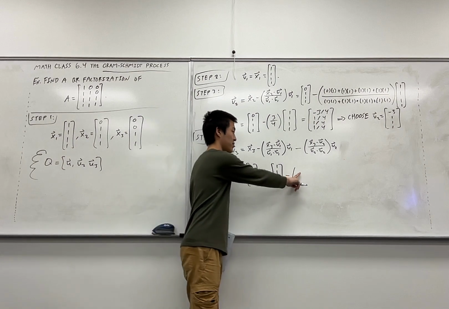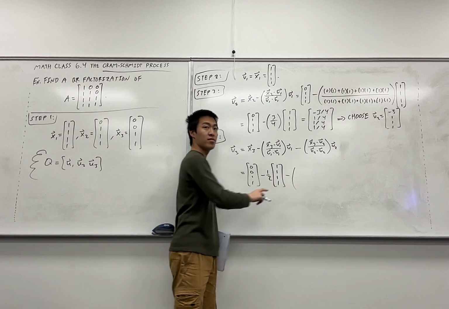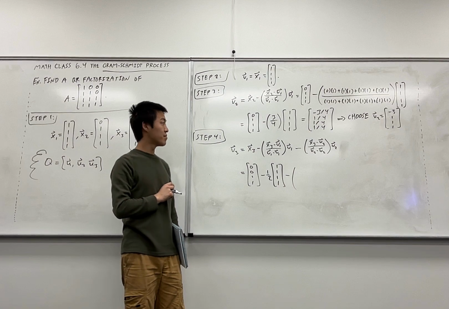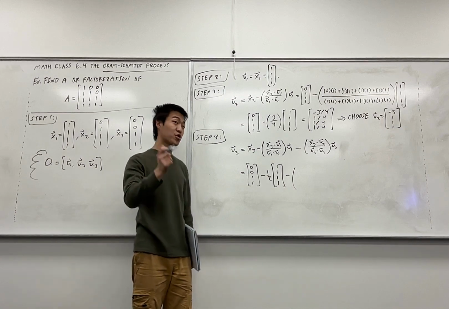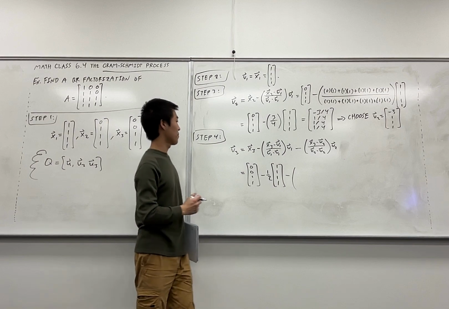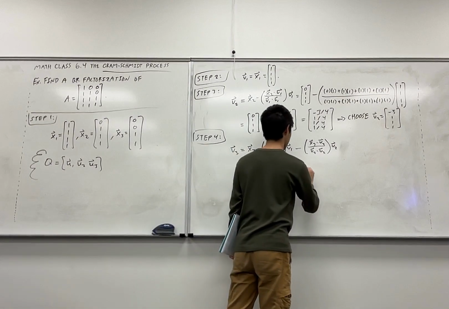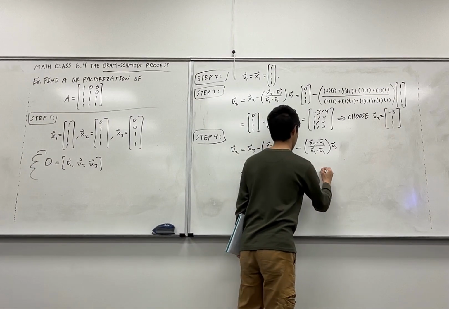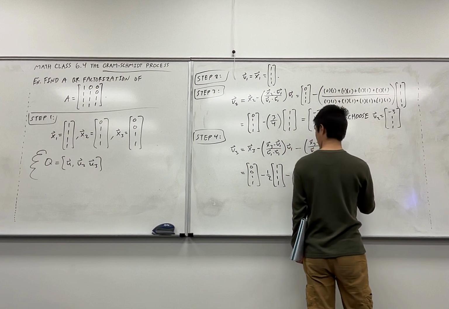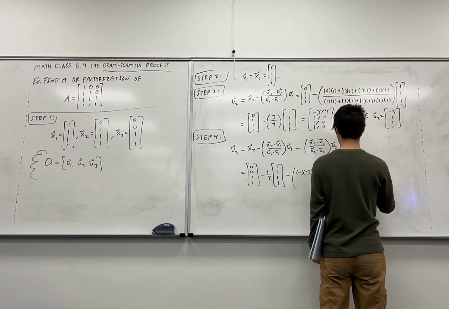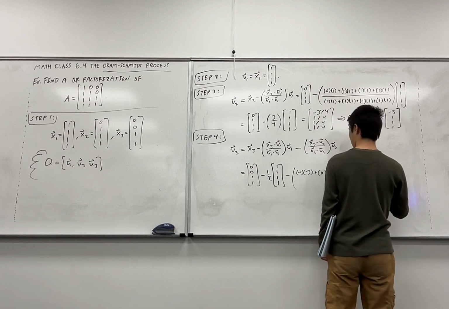Somebody, what's the numerator for this next one? Spell out the dot product so I know that you know for sure how to make these dot products. -3 times 0 plus 1 times 0 plus 1 times something.